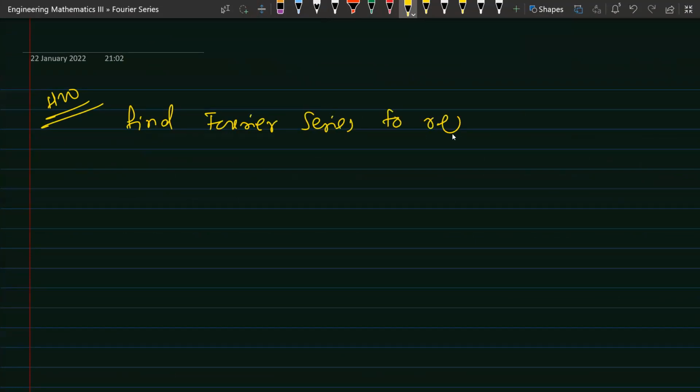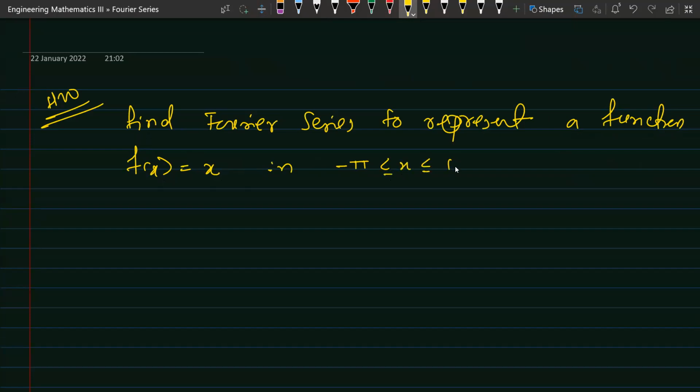Note down the example: f(x) is equal to x in the interval minus pi to pi, and f(x) is equal to f(x plus 2 pi). This is periodic with period 2 pi.